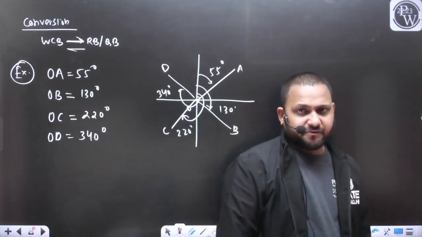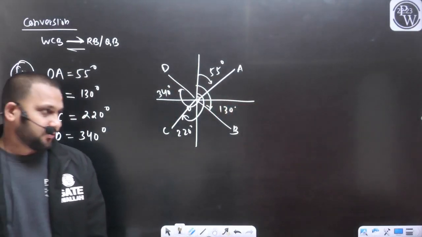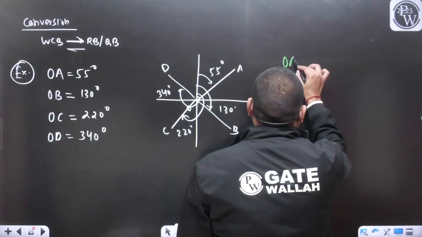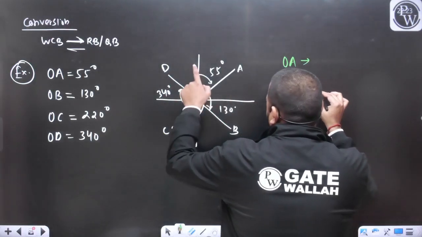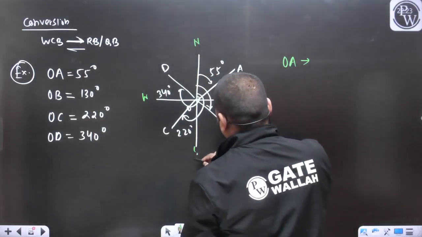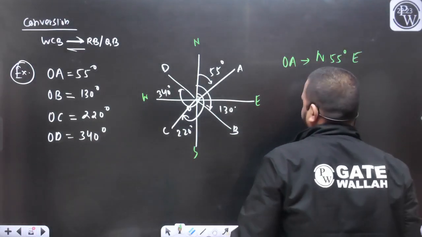Now if I want to define the same bearings in the RB or QB system, for line OA, this is your east, west, north and south, so north 55 degrees east.